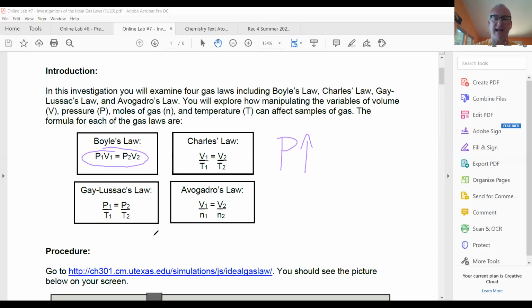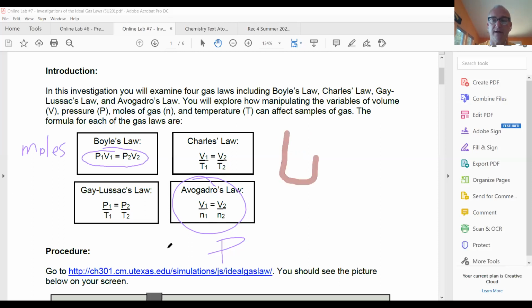So in Avogadro's law, I was keeping pressure constant. Now in Boyle's law this time, I'm keeping the amount of moles constant. So I have the same amount of gas, N equals 1, however much that is. Let's say I put it in a piston.